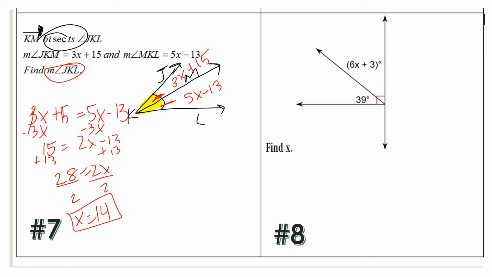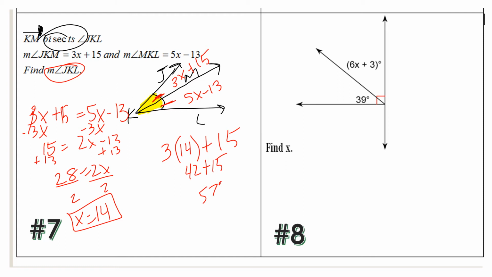Now that you know what x is, you can plug it into one of the angles. So I'm just going to plug it into JKM, so 3 times 14 plus 15. 3 times 14 is 42, and 42 plus 15 is 57 degrees.